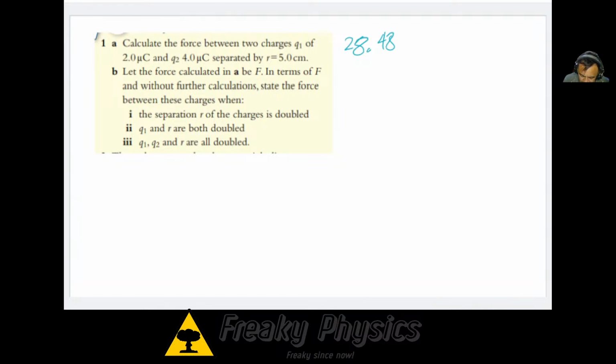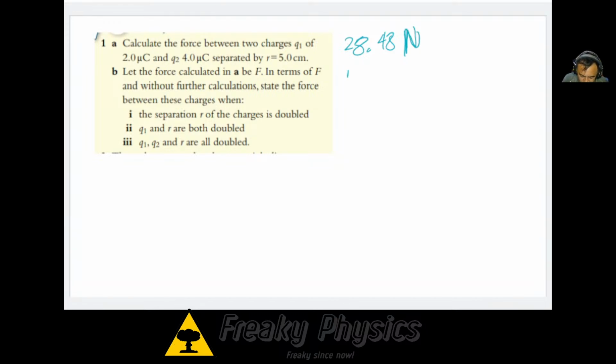I did Coulomb over meters. If that's the case, that should be in newtons. All right. I'll solve this now, so we can see how it goes.